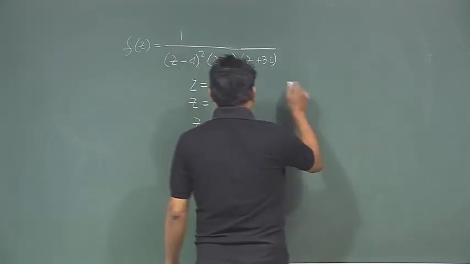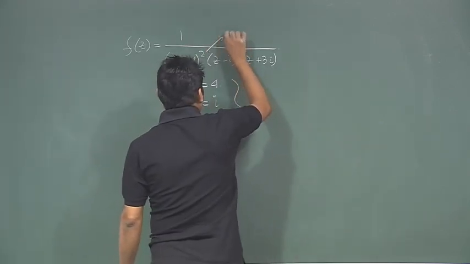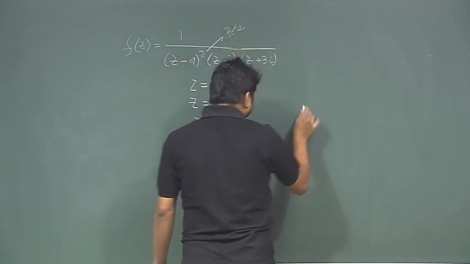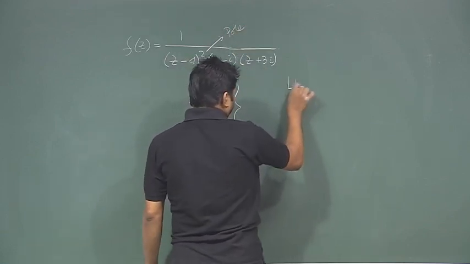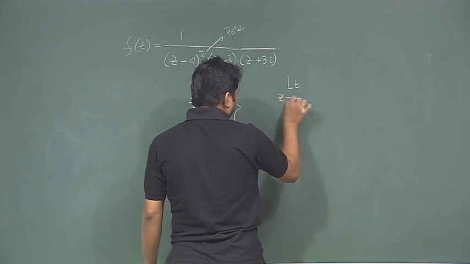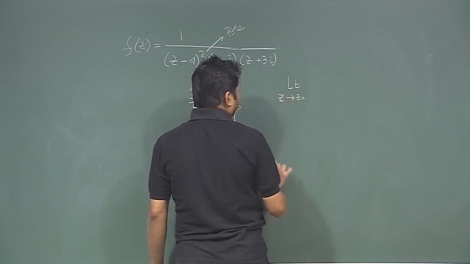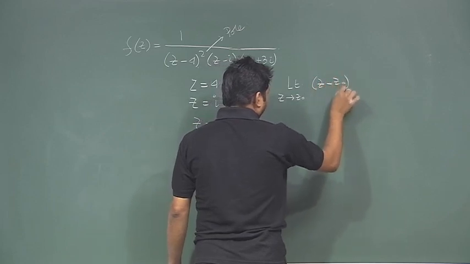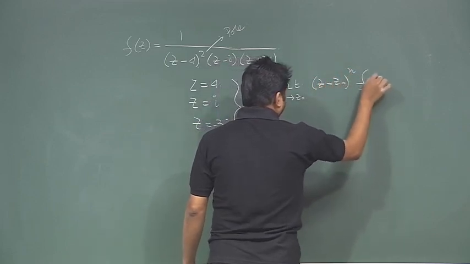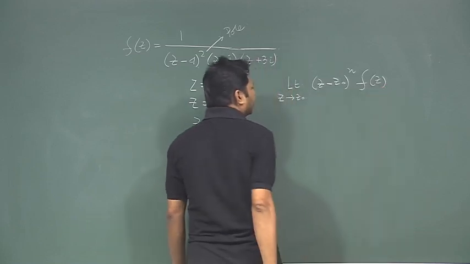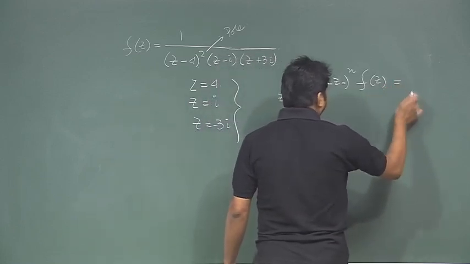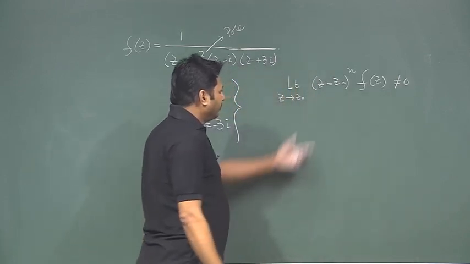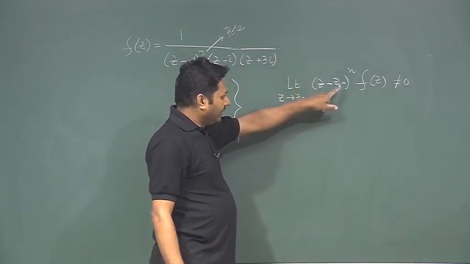So, this is called the pole of singularity, pole. By definition, say limit z tends to z0, if I multiply (z minus z0) to the power n to the function, and if it gives a value which is not equal to 0, then we call it a singularity at z0.